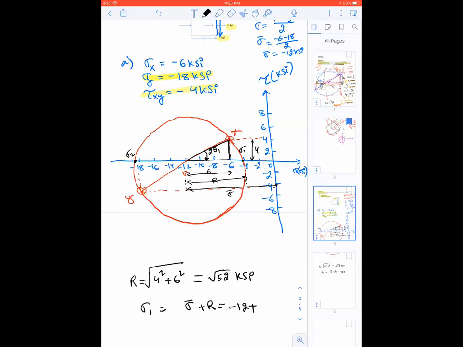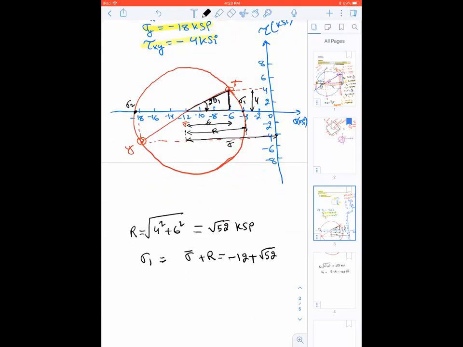The radius is root 52. And it gives me something like negative 4.79 KSI. Okay. So I think this should have been somewhere slightly here. But anyway, it's not a perfect circle. That's why we don't have it.